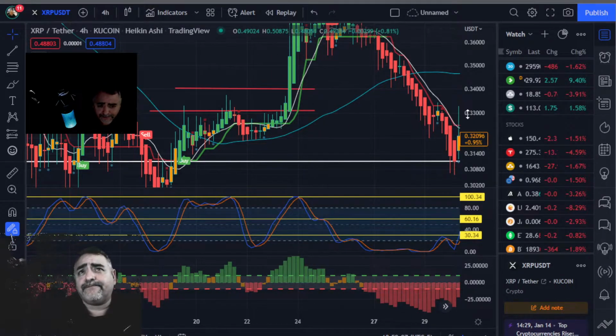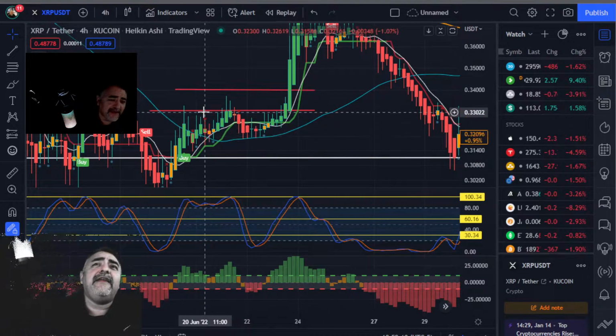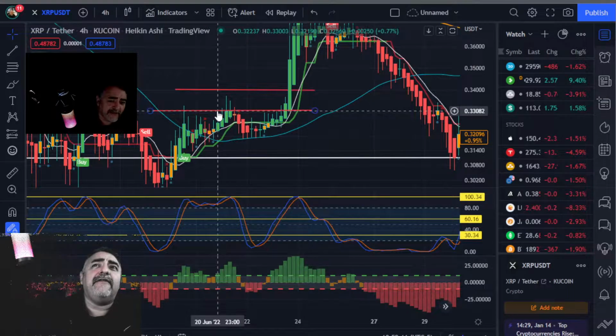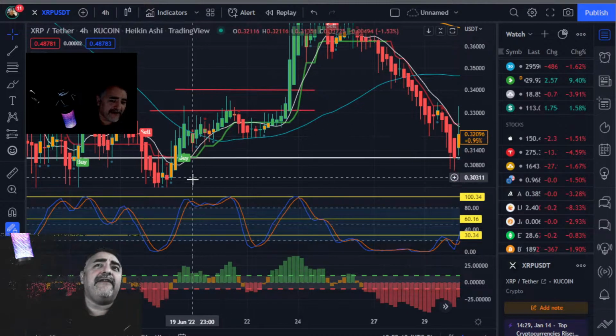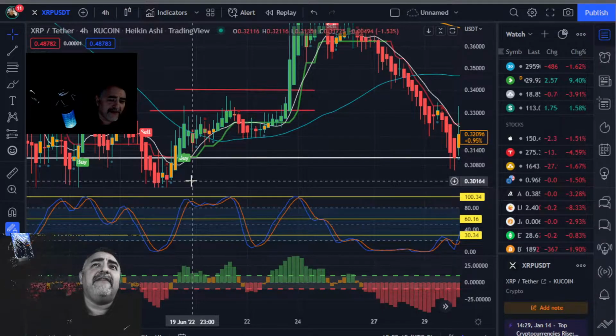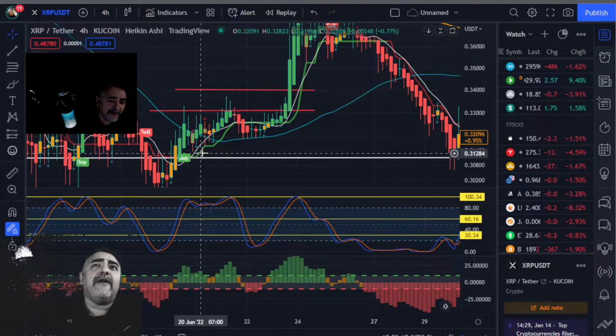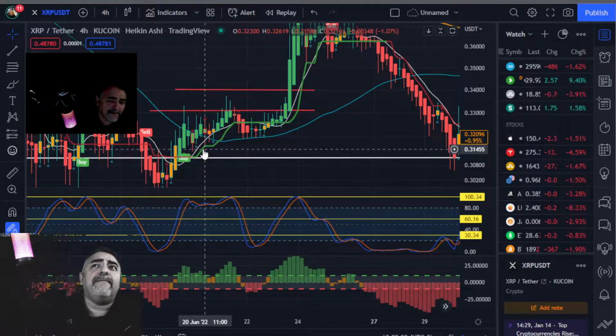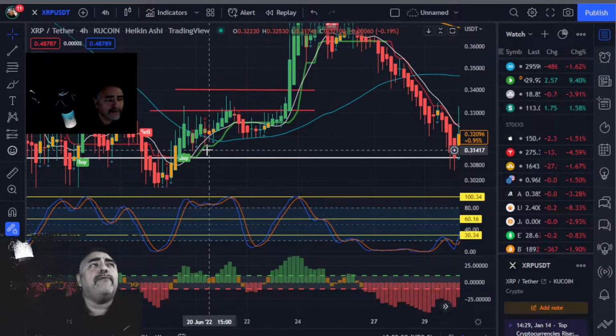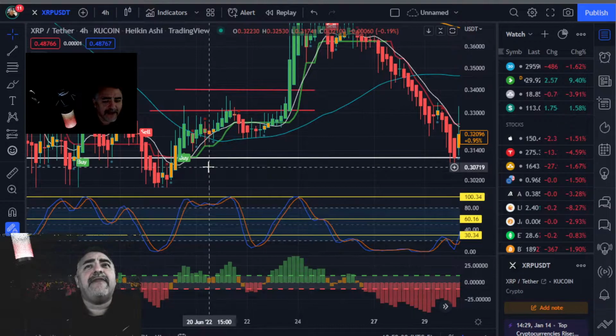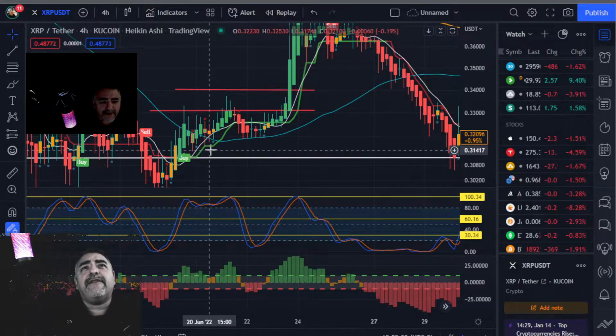Now, the key is when you hit your levels over here of 33 cents and you have a 31 cent stop loss, this is where you would move your stop loss up to your 32 cent mark. So let me think of the math here real quick. All right, so we're in at 32 cents.